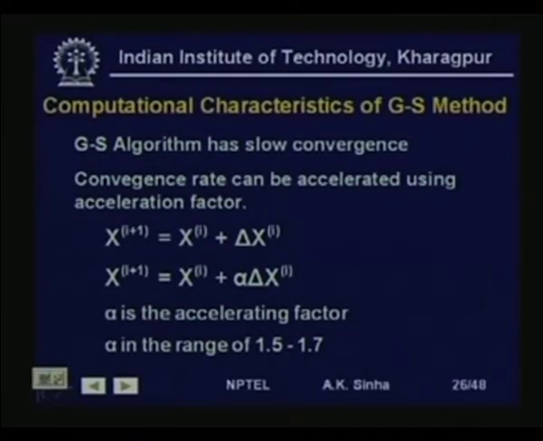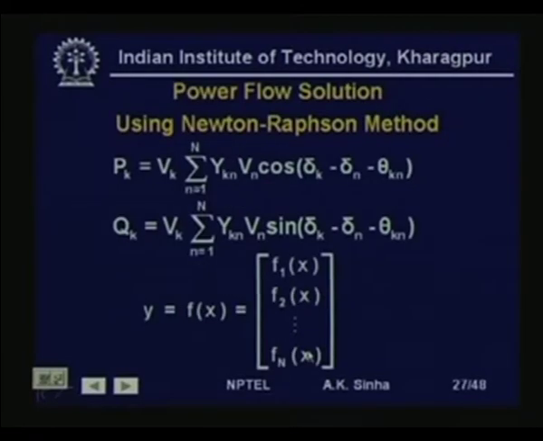So, instead of x i plus 1 equal to x i plus delta x, we multiply this delta x by alpha, where alpha is between 1.5 and 1.7, and it is found that the convergence improves somewhat. But still the convergence is much slower compared to other methods, and therefore this Gauss-Seidel method is nowadays not preferred for large power system power flow analysis.